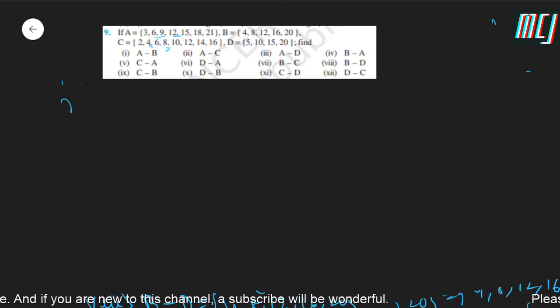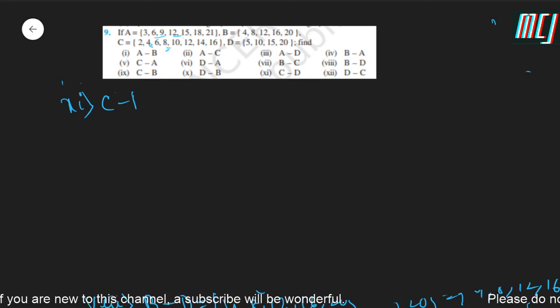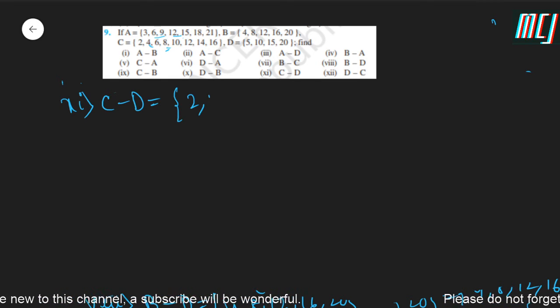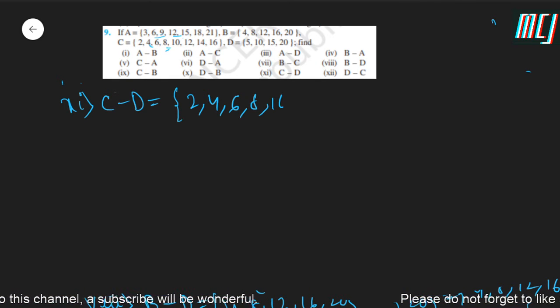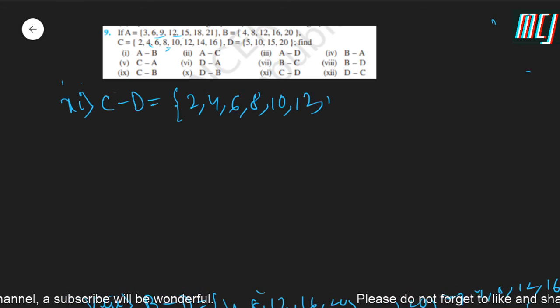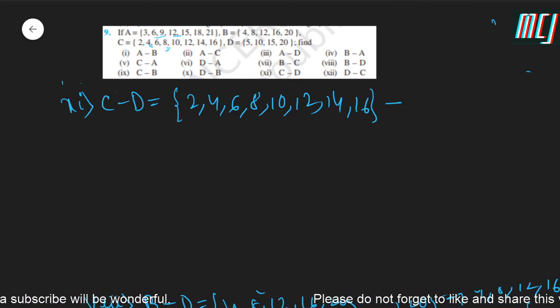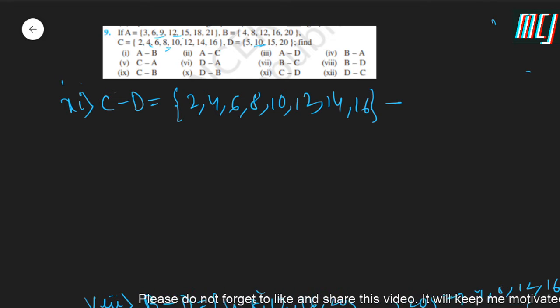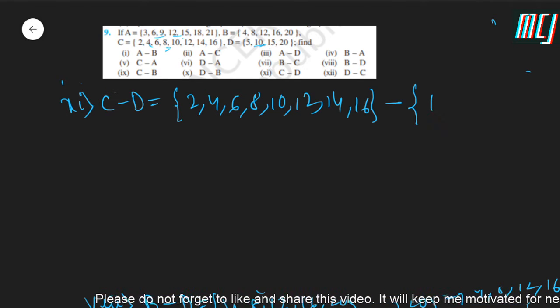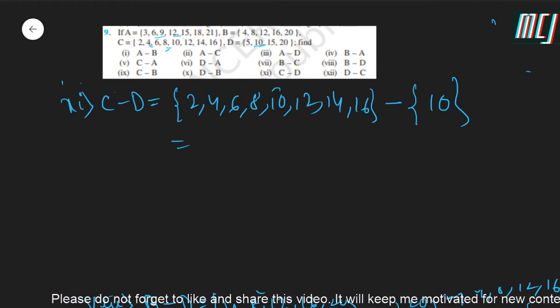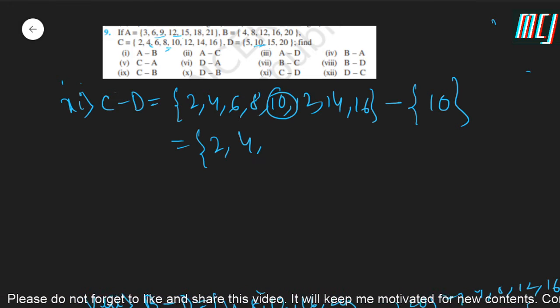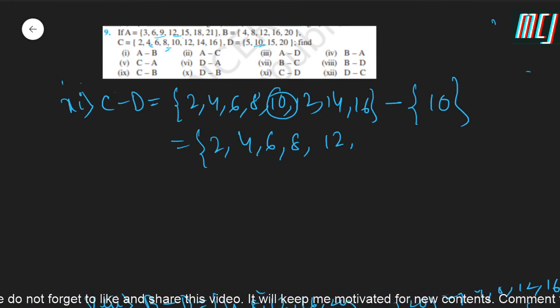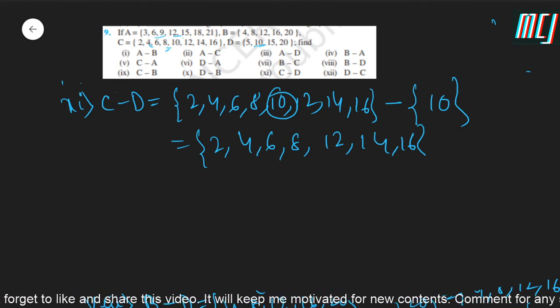Now the 11th question, it's saying C minus D. So C is 2, 4, 6, 8, 10, 12, 14, 16. Okay. Minus C intersection D. C intersection D, that is only the 10. Okay. So we'll delete 10. That means it will be 2, 4, 6, 8, 12, 14 and 16.